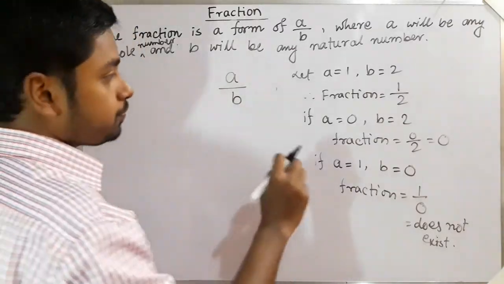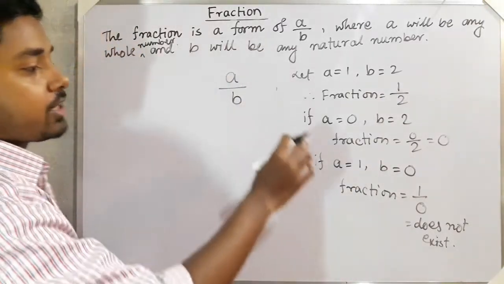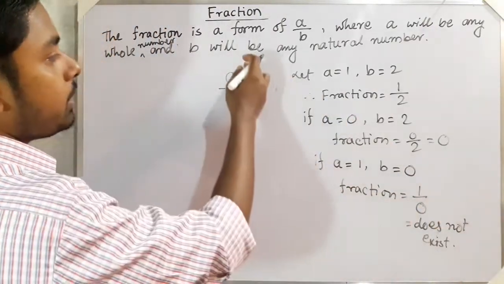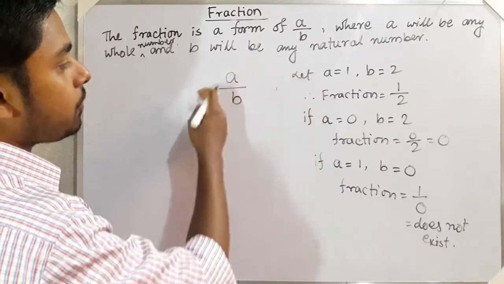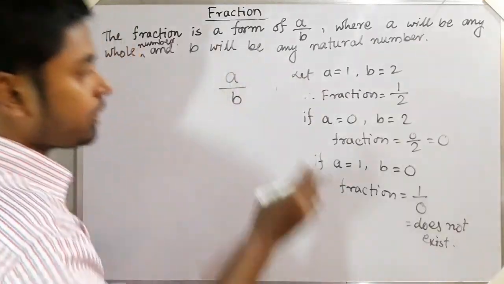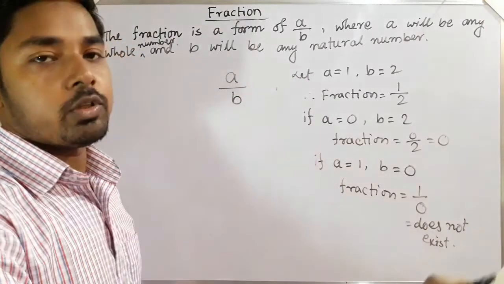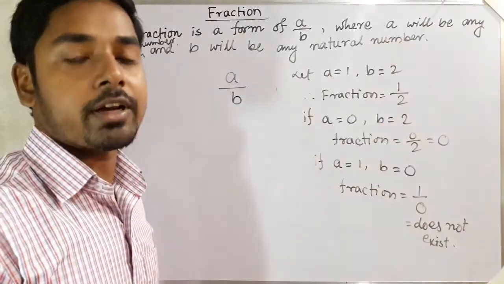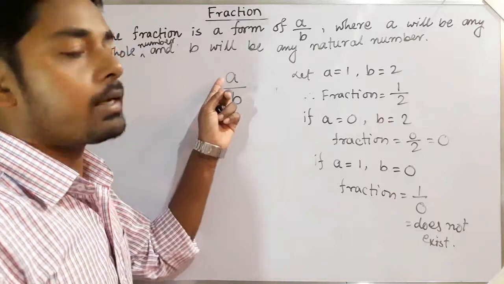Okay, so this is called the fraction. Simply we can say a fraction is a form of a by b where b cannot be 0. That means the lower part cannot be 0, but the upper part can be 0.